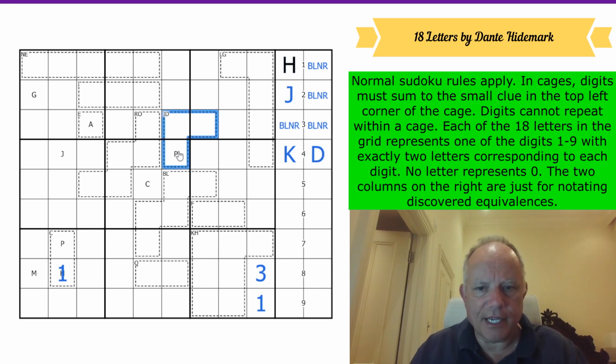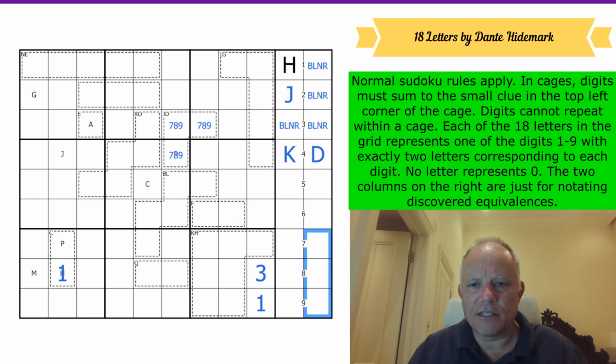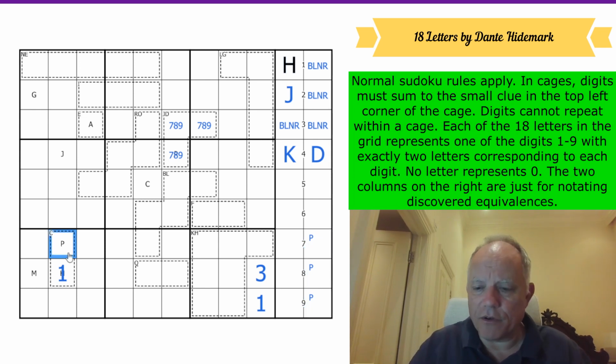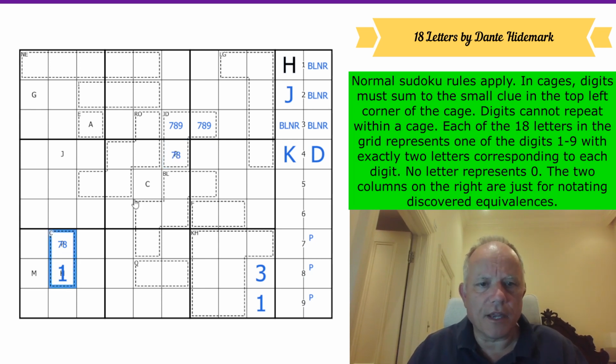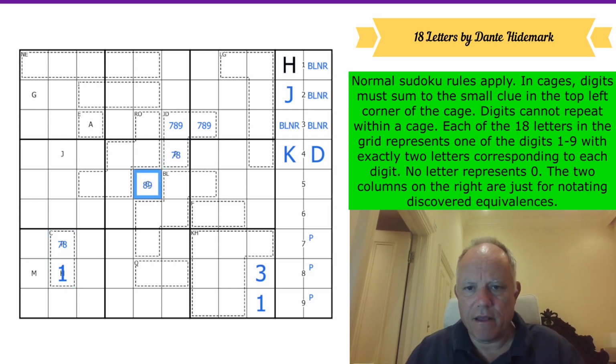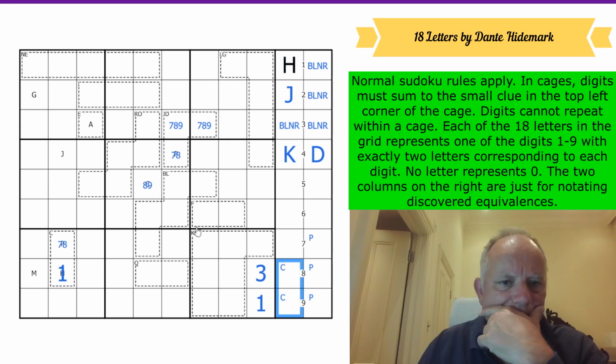So this is a 9, 8, 7 set. P is 7, 8, or 9. And that's P there. So it's 7 or 8. It's not 9. And C is 8 or 9, and that's there. C is 8 or 9. Let's do that like that.